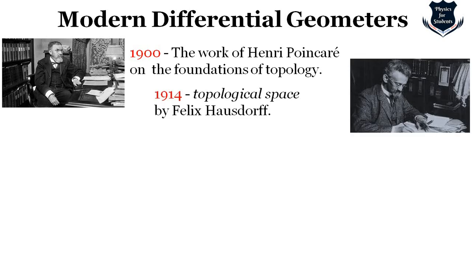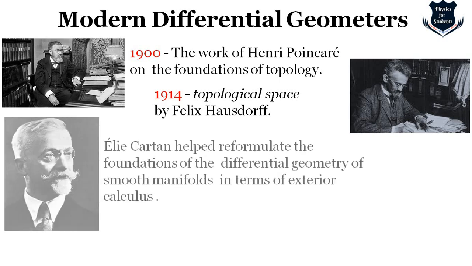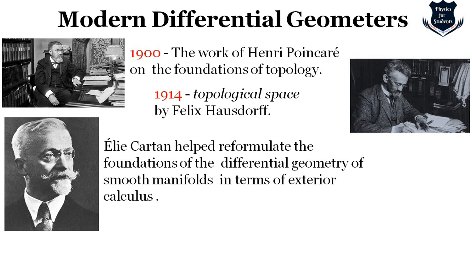The notion of topological space was later distilled by Felix Hausdorff in 1914, and by 1942 there were many different notions of manifold of a combinatorial and differential geometric nature. It was Élie Cartan who helped formulate differential geometry of smooth manifolds in terms of exterior calculus and the theory of moving frames, leading in the world of physics to Einstein-Cartan theory.